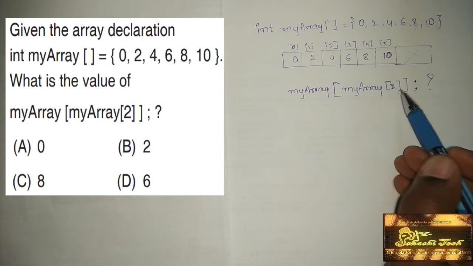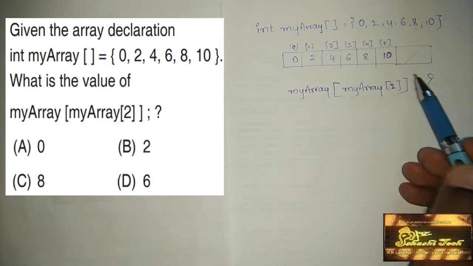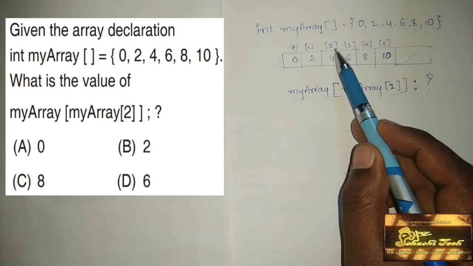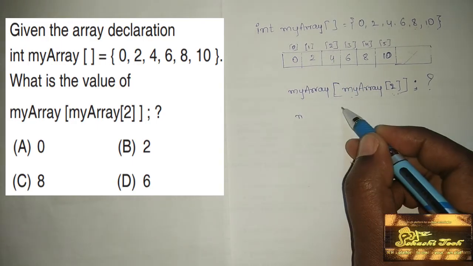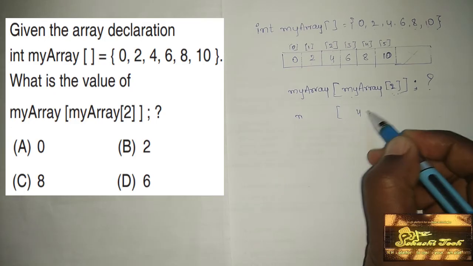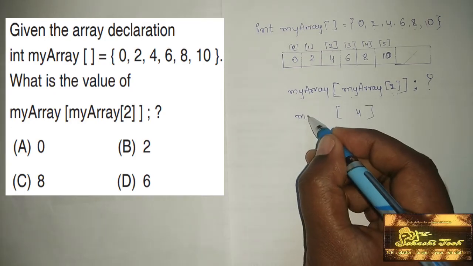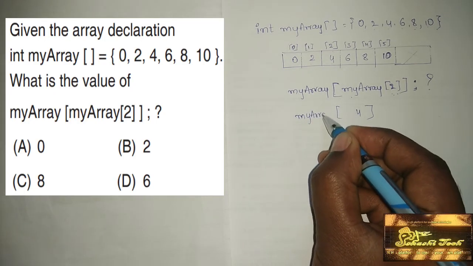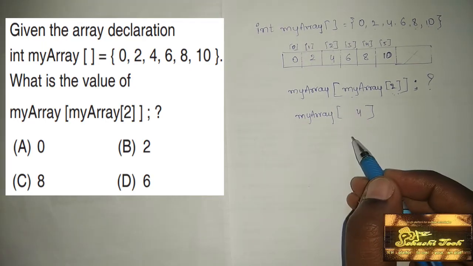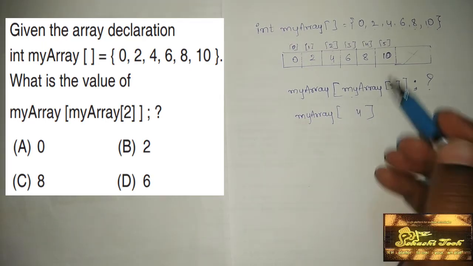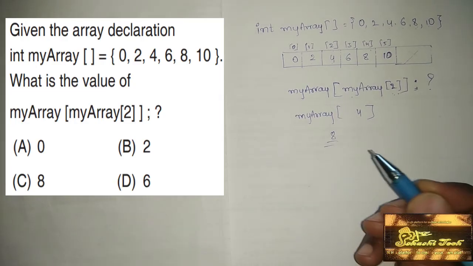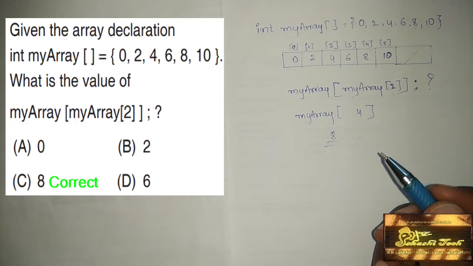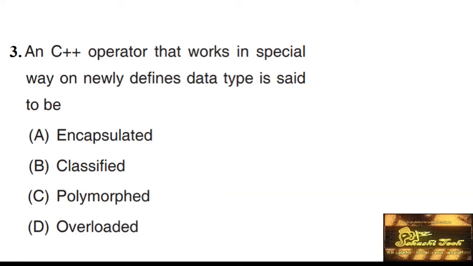What is the value of myArray[2]? It is 4. Then myArray[4] is 8. So option C is the correct answer.